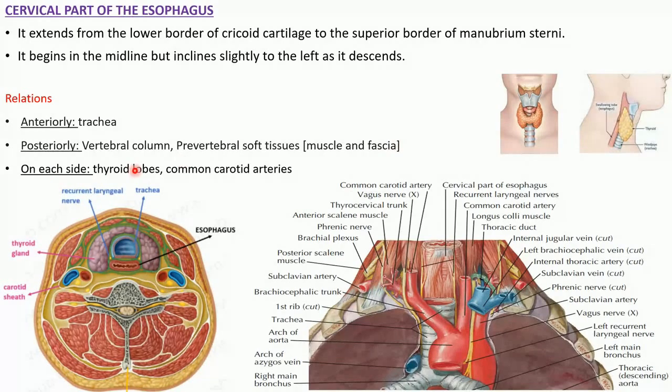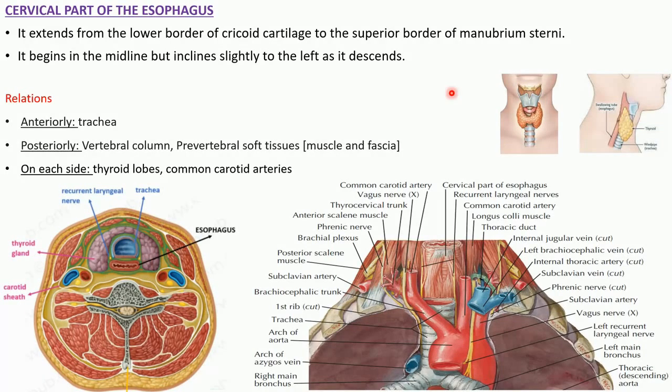Laterally, on either side, your esophagus is going to be associated with the lateral lobes of the thyroid gland. The thyroid gland has a median portion and lateral portions that you can call lobes. These lateral lobes are going to be adjacent to the lateral aspect of the esophagus.